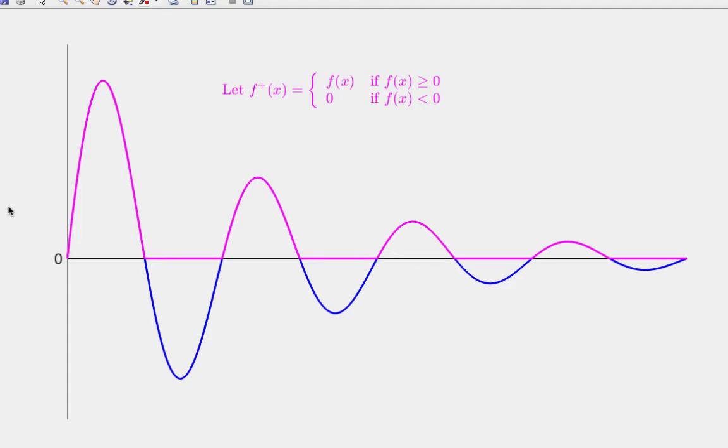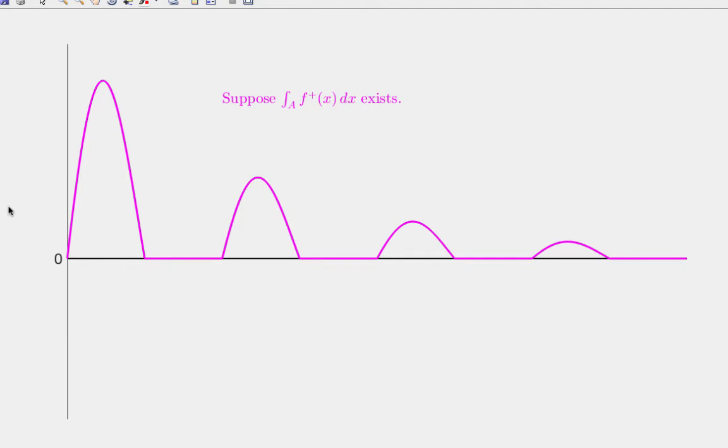Let's consider the positive part, f plus. So f plus is just all the parts of f that are positive and 0 otherwise. Suppose that the integral of f plus exists. And by the way, I have all the tools I need to analyze the integral of f plus because it's a non-negative function.